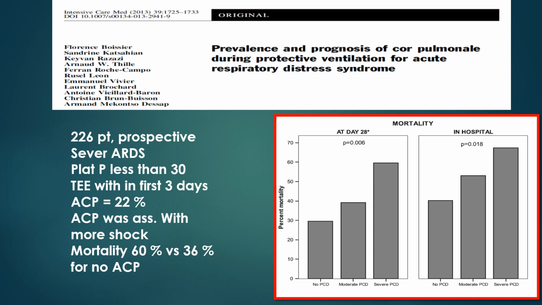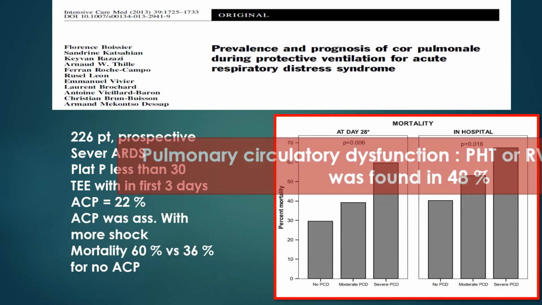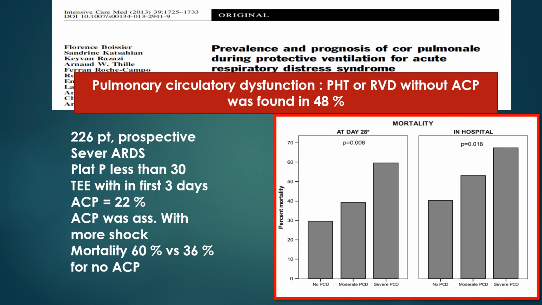Although the plateau pressure was in the target area, less than 30 centimeter of water, they found that acute cor pulmonale was present in around 22% of patients. Very, very common. And the mortality was 60% versus 36% if there is acute cor pulmonale, i.e. acute cor pulmonale was found to be a very high risk factor for mortality.